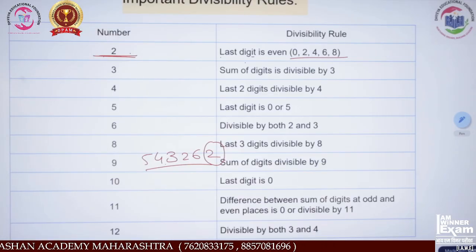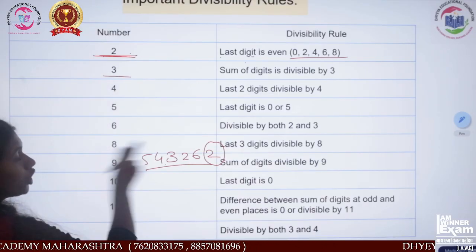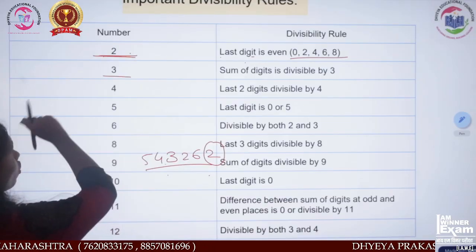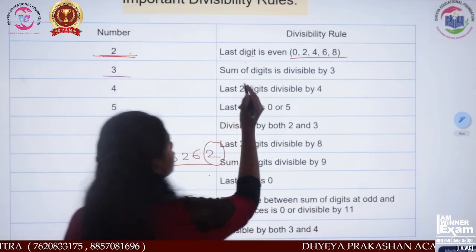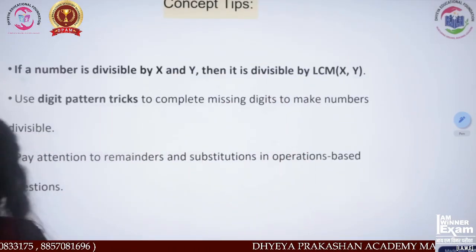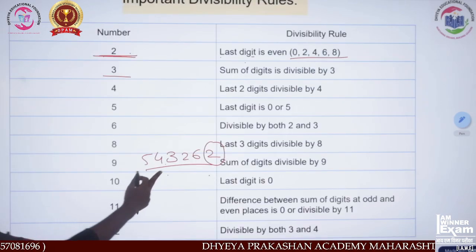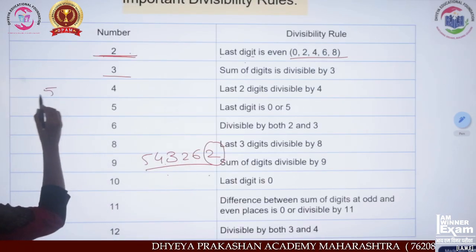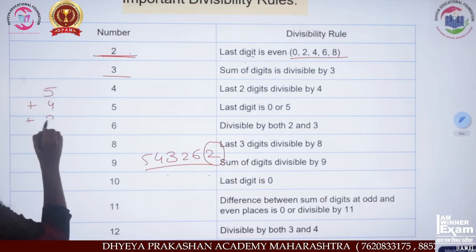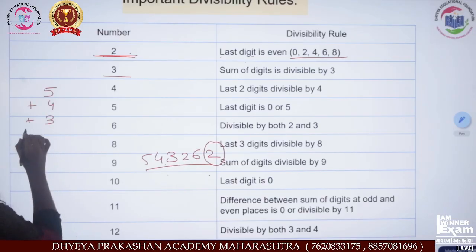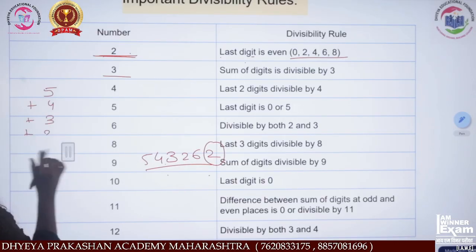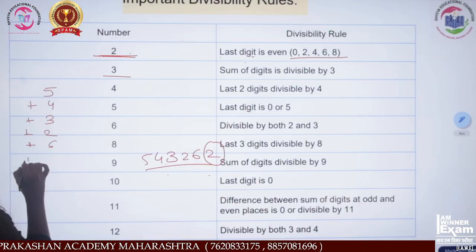Now the same for 3. If you want to check whether this number is divisible by 3 or not, the rule is that the sum of digits is divisible by 3. That means you have to sum the digits: 5 plus 4 plus 3 plus 2 plus 6 plus 2.